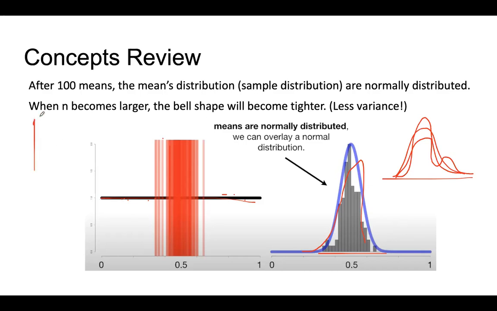So for example, if you have a uniform distribution and you just sample any dots from it and plot the histogram of these dots, not its mean, then after you try so many times, it should equal a uniform distribution, because you sample from this distribution.